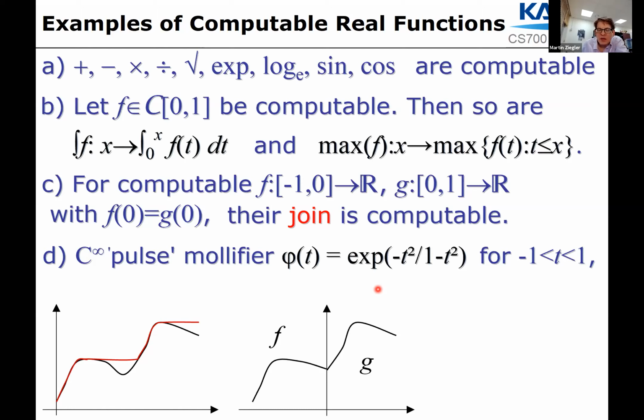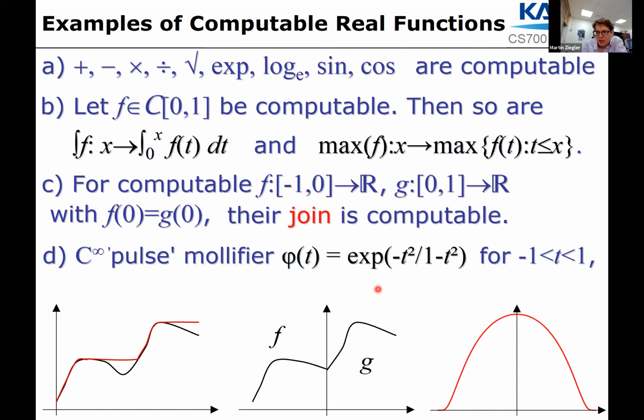So this modifier is often used as an example of a function which is infinitely often differentiable, yet cannot be expanded into a power series. It's not an analytic function because expanding it into a Taylor series, let's say at point +1, would result in the zero function because its function value and also its derivatives vanish at zero.